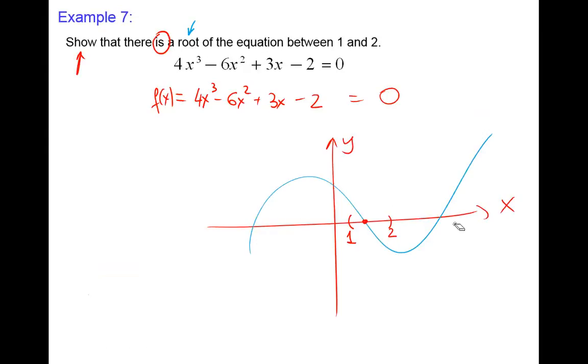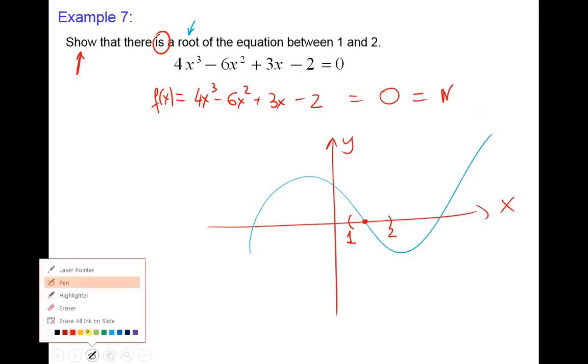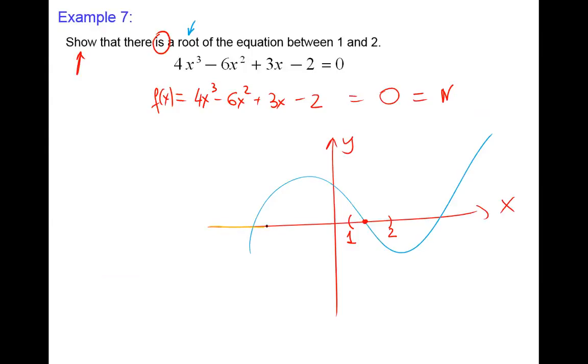I do have another one, but I don't have to care. I have to find this one. And this is my n value, the yellow line. That means I have to prove that this n, the 0, will definitely intersect, and the corresponding x value will be between 1 and 2.